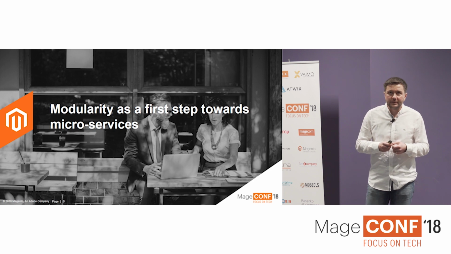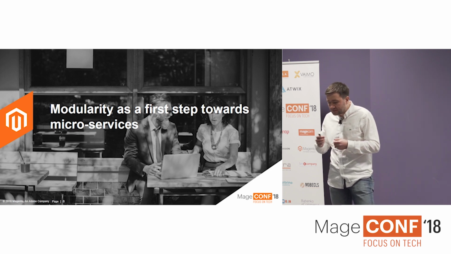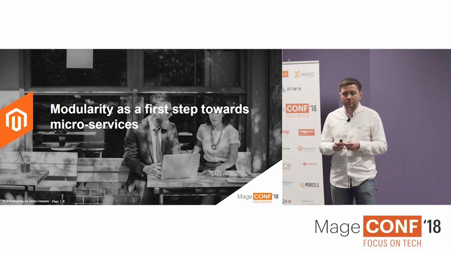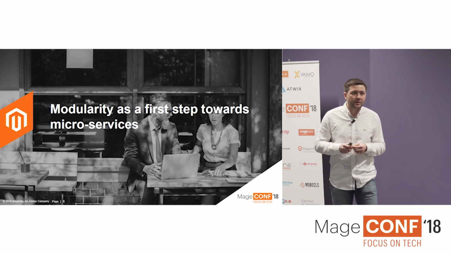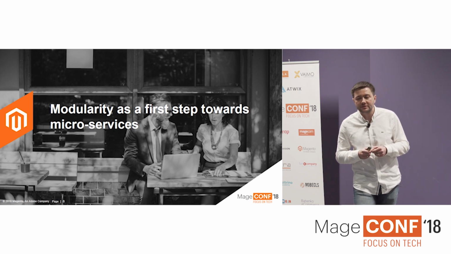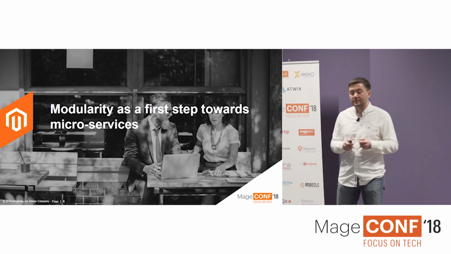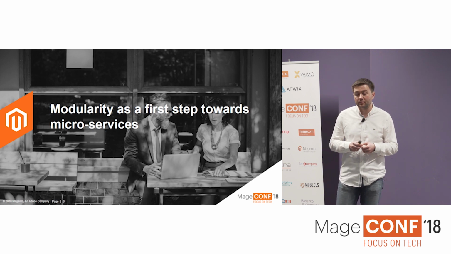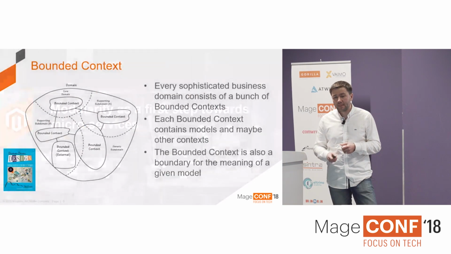We decided to rethink the modularity principle and how we build modules in Magento, and what code we put into these modules, and what dependencies modules are supposed to have in a system. So we decided to reconsider all the modularity approach we currently have.